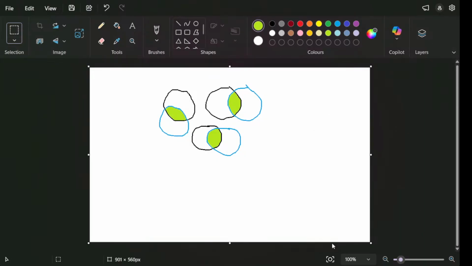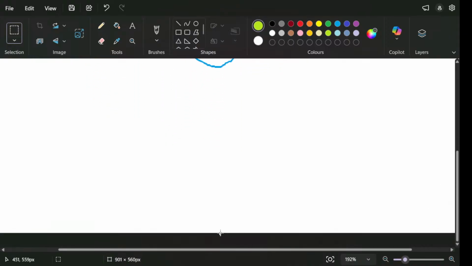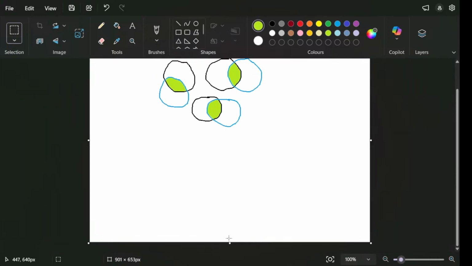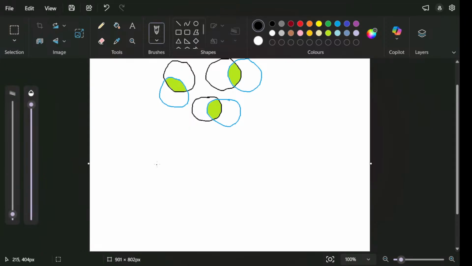Let's just go down a bit. Actually, yeah, like what if we did the same thing, but then there's overlap in the G sets.